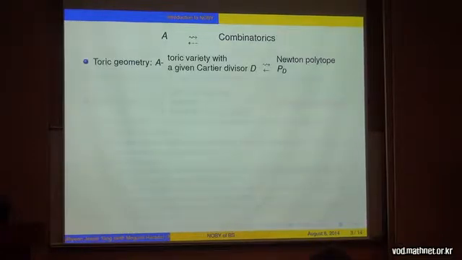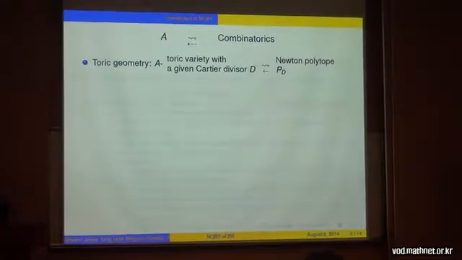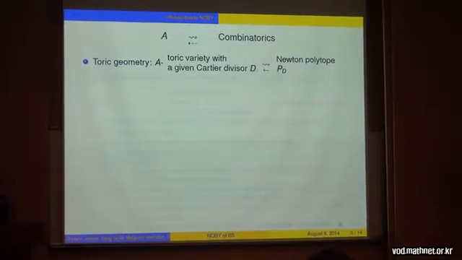The most famous example for this approach is toric geometry. For toric geometry, A is a toric variety with a given Cartier divisor. Then we can assign the Newton polytope to this Cartier divisor. And it is very well known that there is a very good dictionary from the polytope to the divisor and back.